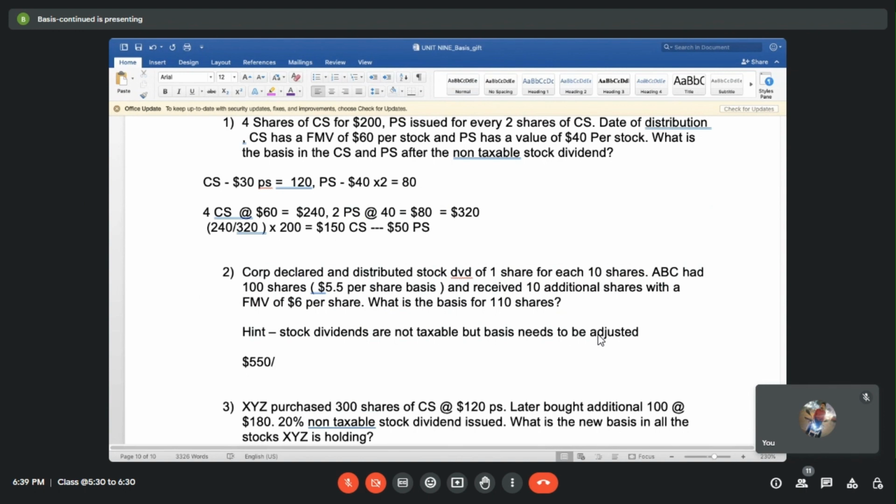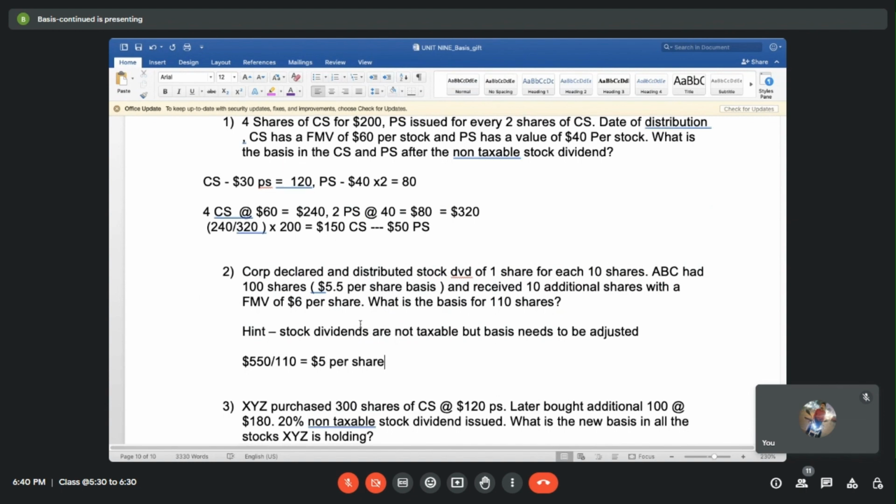And the same value will be adjusted to the 110 shares. So it will come to $5. Yes, that's what it is. So now 110 shares get a per share basis of $5. So if he wants to sell off only 10 shares, then the cost basis becomes 50. So it will be 5 per share, right?